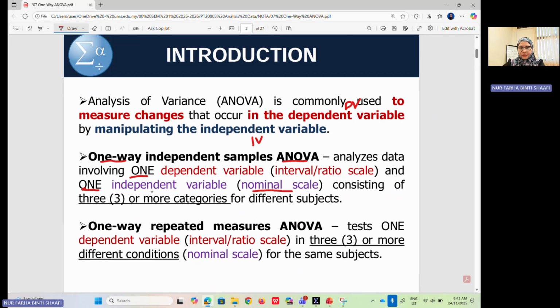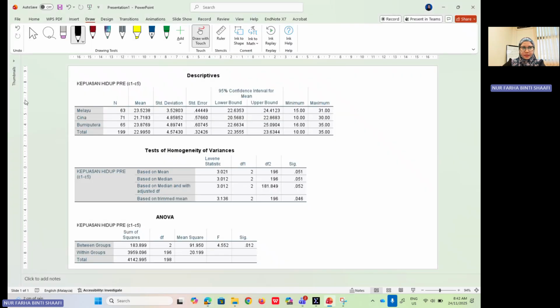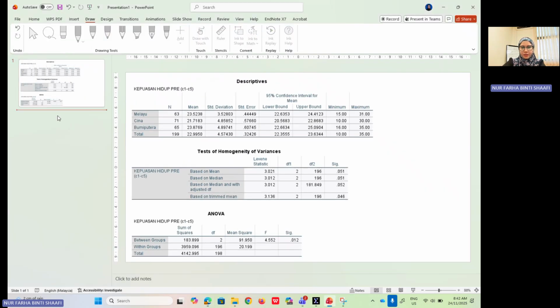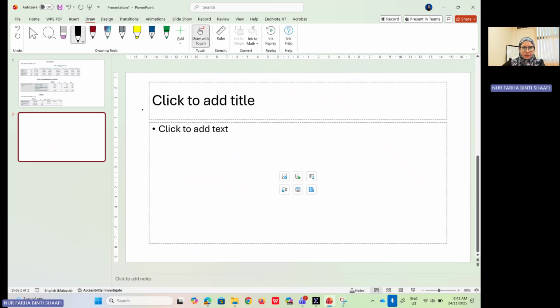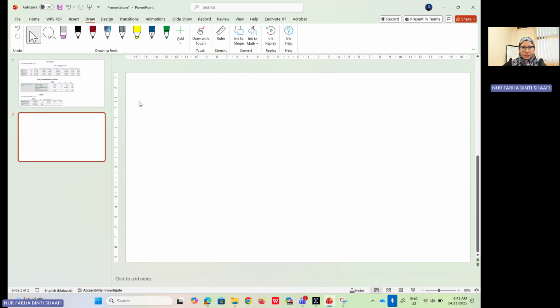Meaning that this IV consists of three or more categories. If you still remember, I will show you a blank space here just to explain to you.